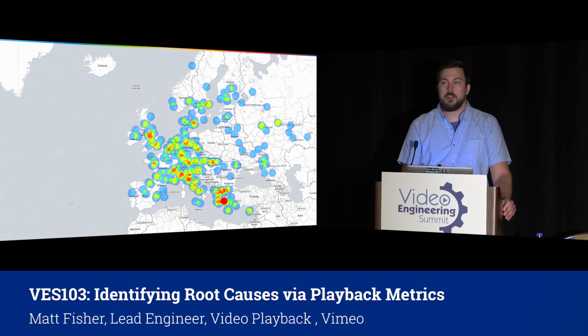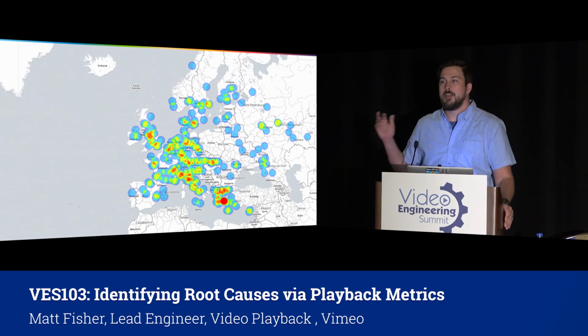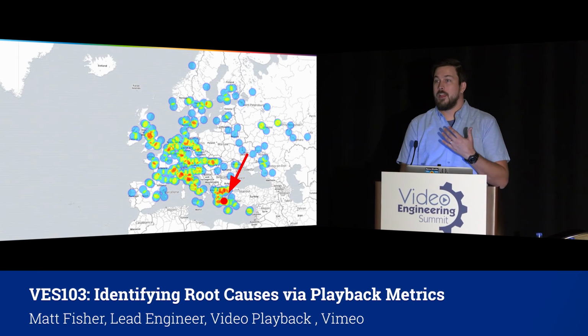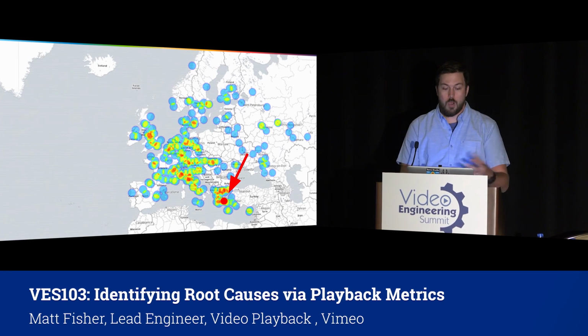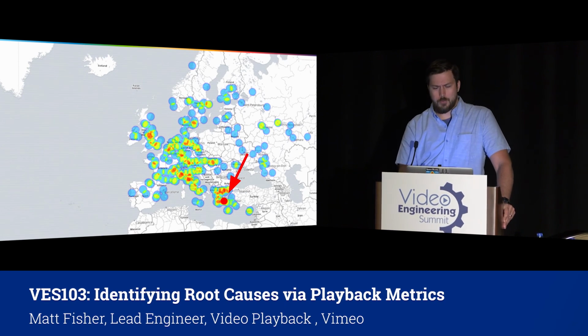And being able to plot bad scores, the spectrum of scoring on a map quickly started to reveal that, hey, there's one really suspect area here in the wide range of circumstances and areas that people were looking at data, having playback sessions, and we quickly identified that, hey, this one ISP is not playing nice with this specific CDN, and there's a huge group of people in this geographic area that are having a lackluster time trying to consume video content.